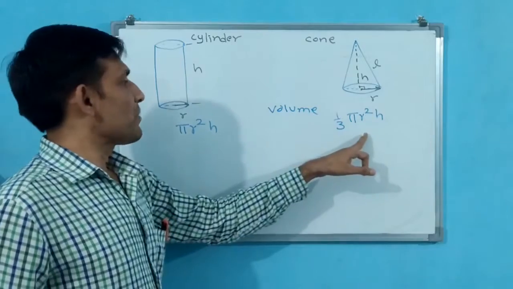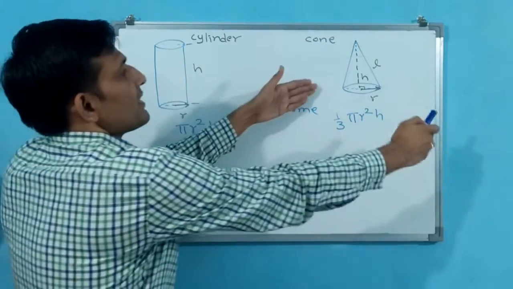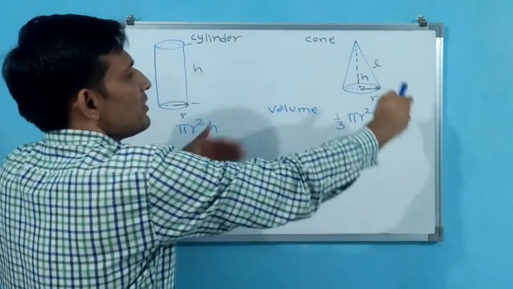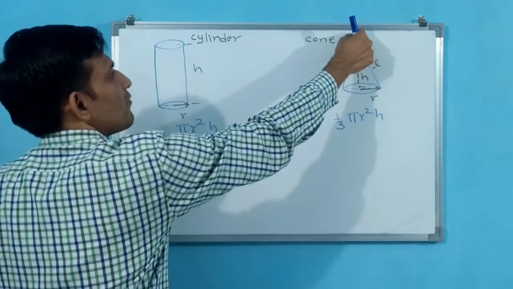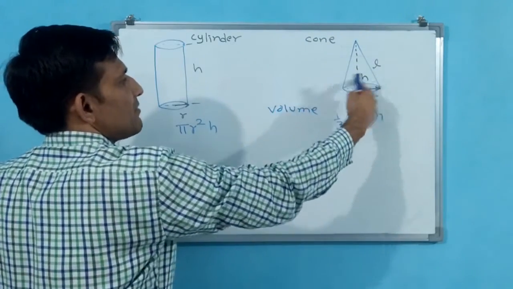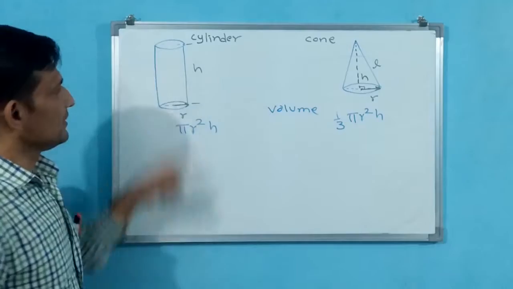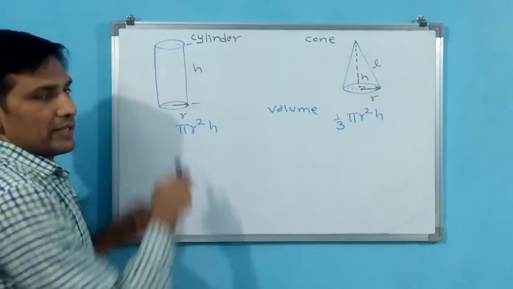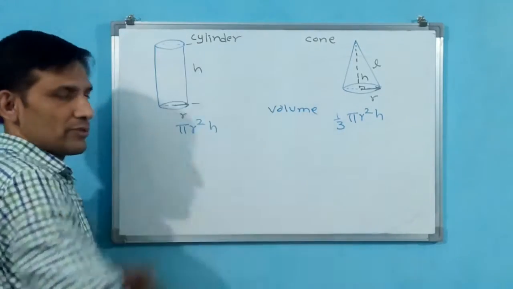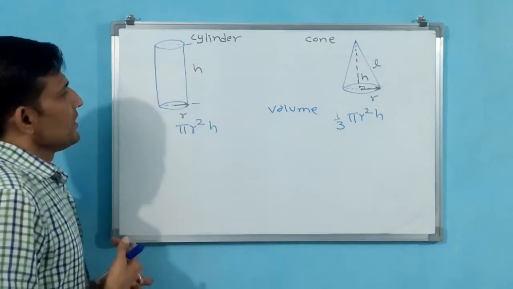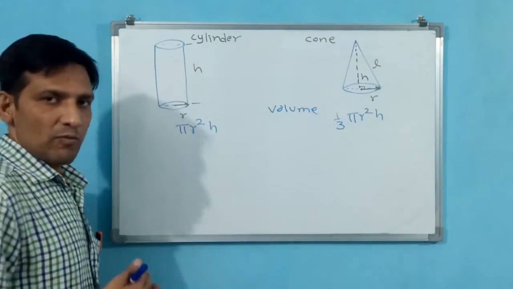Why did we make it by 3 here? Because this figure is reduced, the volume will be reduced, because the top vertex will come but the bottom circle will come. That is also solid, but reduced. This is the formula for volume.